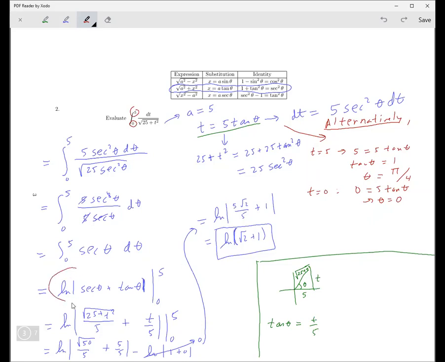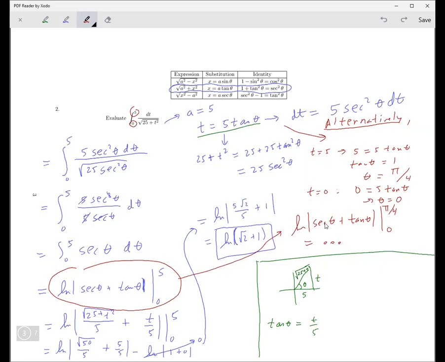Okay, so instead of this right here, we would have the integral going from 0 to pi over 4, and we would plug the pi over 4 into here, and we plug the 0 into here and here, and work it that way. That would be the way to do that.